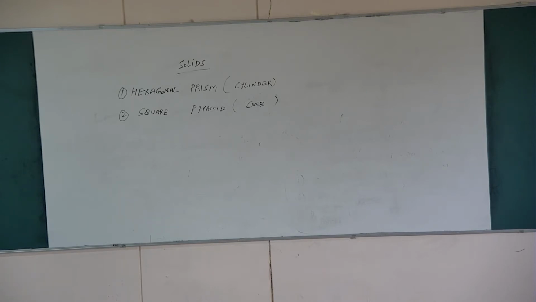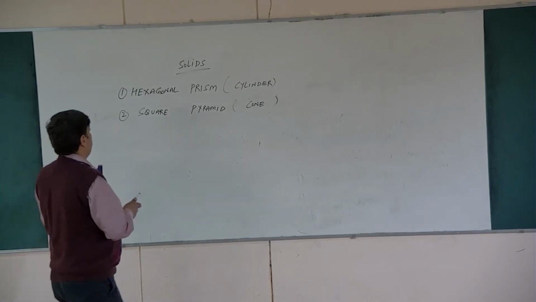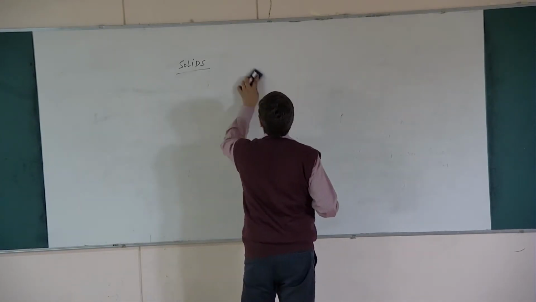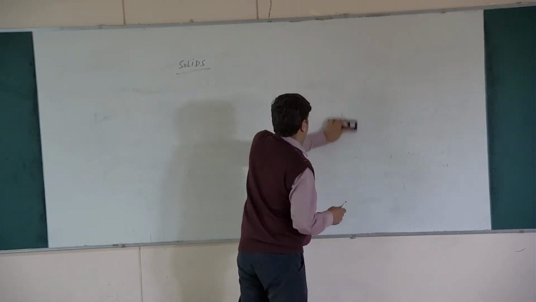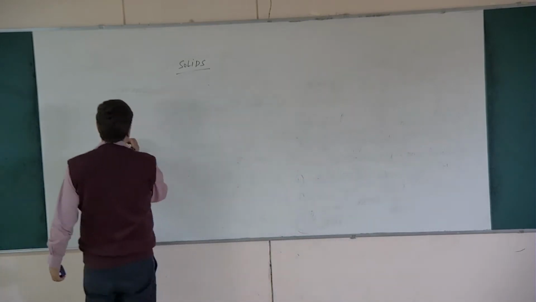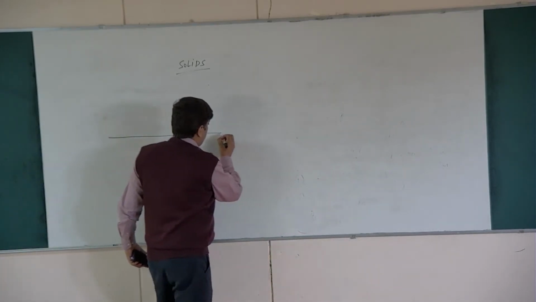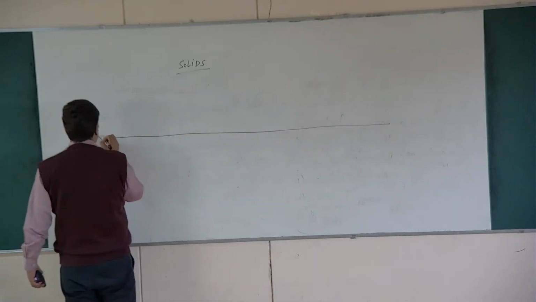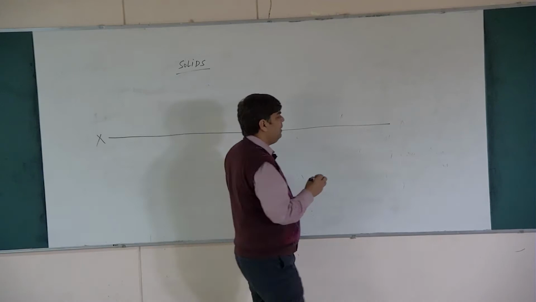Now here we have a case in which we have the hexagonal prism. I am going to draw the problem. I have the hexagonal prism, which rests on the ground in such a way that its axis is inclined at 45 degrees to the vertical plane.